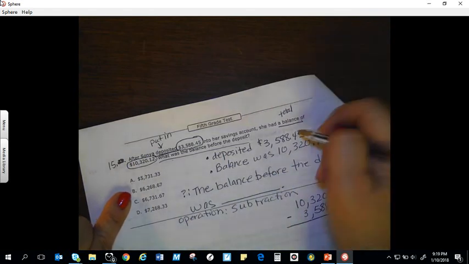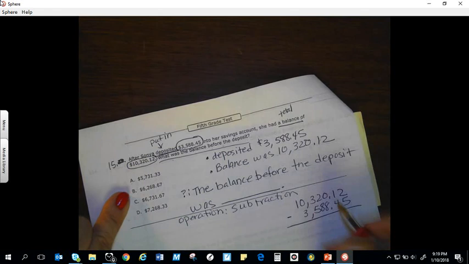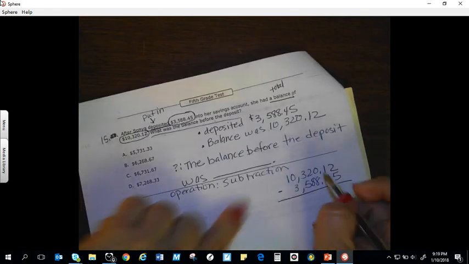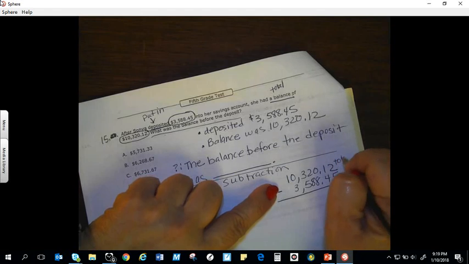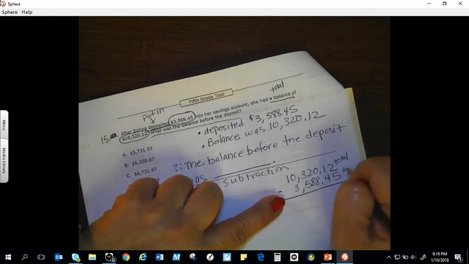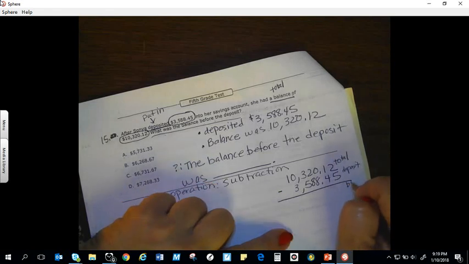So I'm going to do it this way first. This is my total that she has. This is what she deposited. And I'm looking for what it was before the deposit.